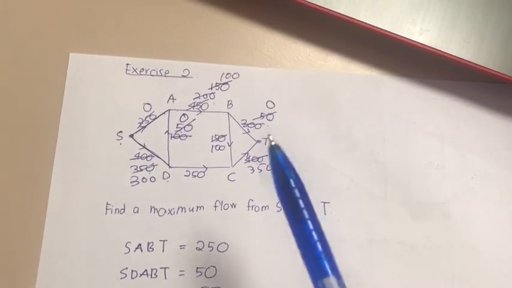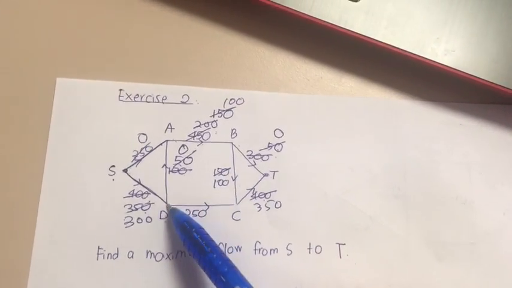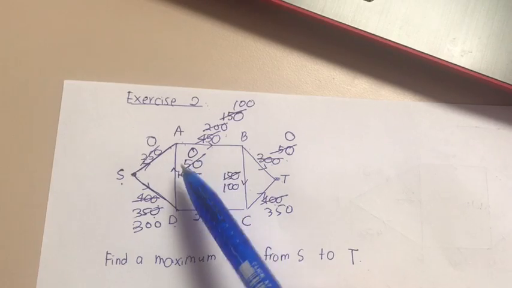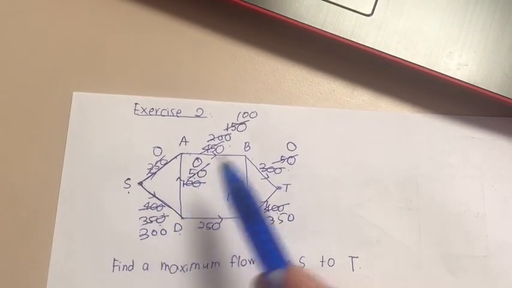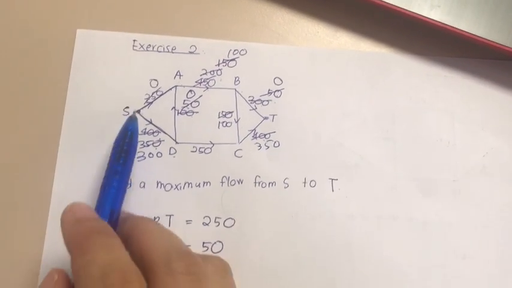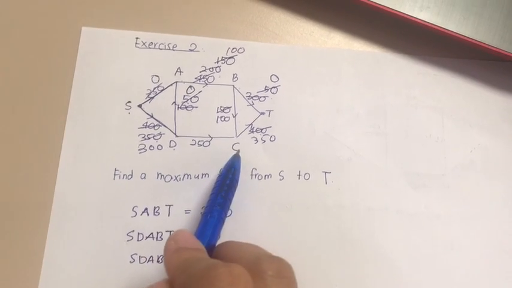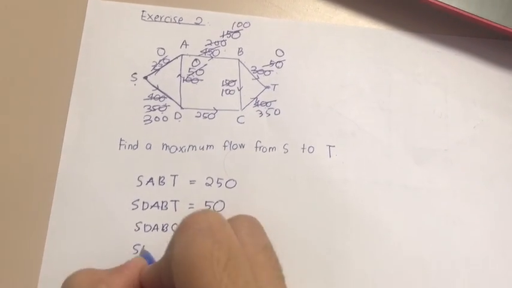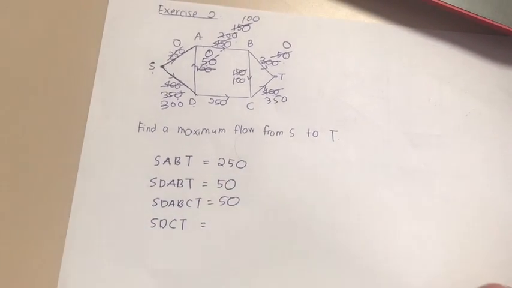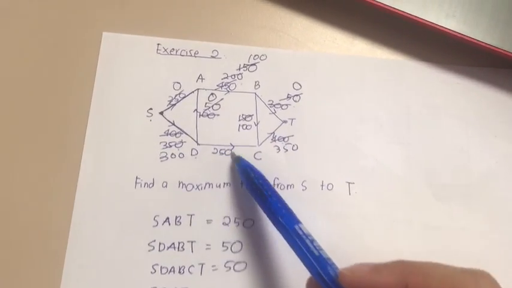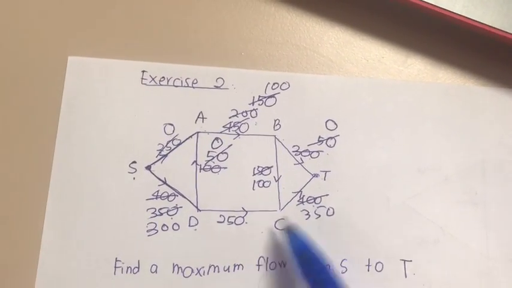Next we proceed. This one we cannot go through because it is 0. So we only have the possible path S, D, C, and T. Which one is the smallest from these three capacities?